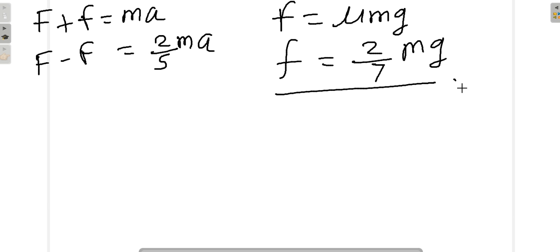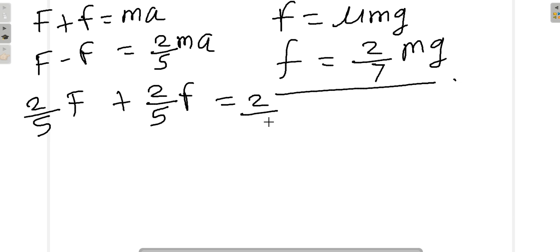Let us eliminate small a because we don't want it in the final answer. Small a we do not want in the final answer. So let us simply eliminate this. I am multiplying this equation by 2 by 5. This 2 by 5 ma I can write as F minus f.